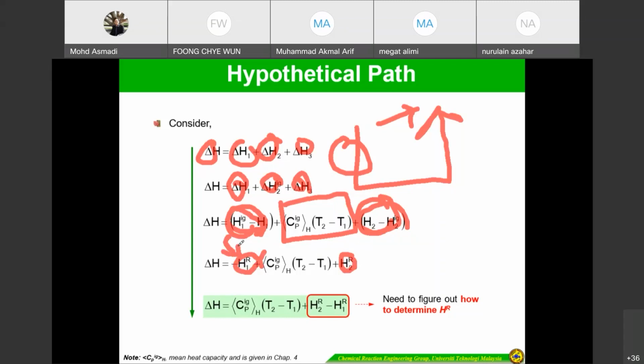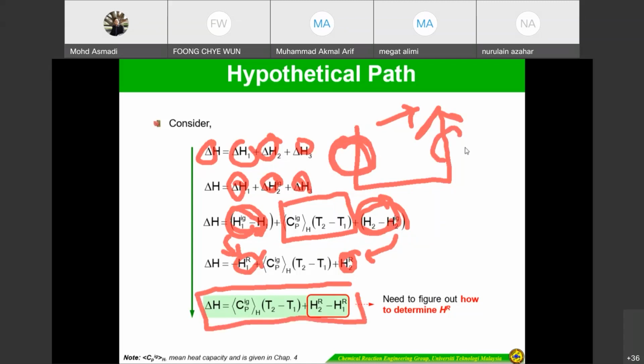This one is negative because it is the opposite: H2 minus H^ig, real minus ideal gas, so you get the residual. Once you simplify, you have residual properties on this side, and on this side also, but this one is negative.